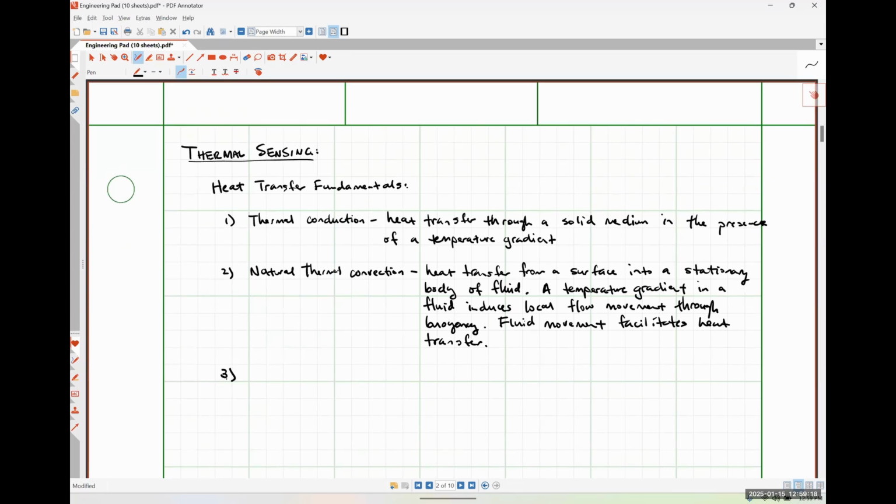Our third heat transfer mechanism is forced thermal convection. So this is heat transfer to a body of moving fluid.